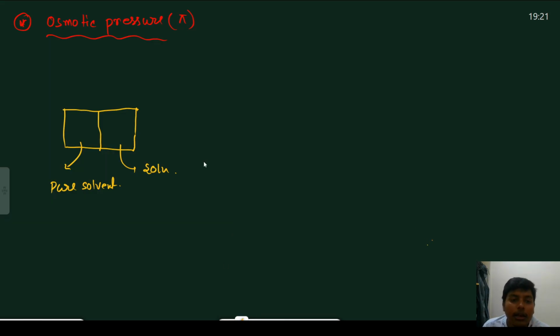Now, see, pure solvent is coming to this side. Yes or no? Let's suppose I apply some pressure on this side so that the solvent will not come. The movement of the solvent particles from pure solvent to solution stops if some pressure is applied. That pressure is known as osmotic pressure. Understood?